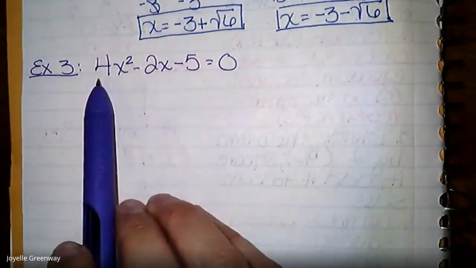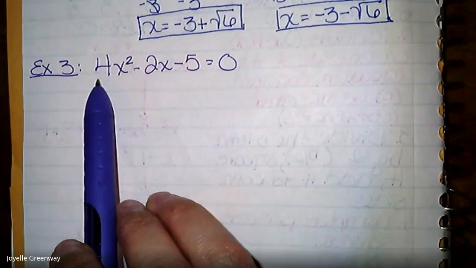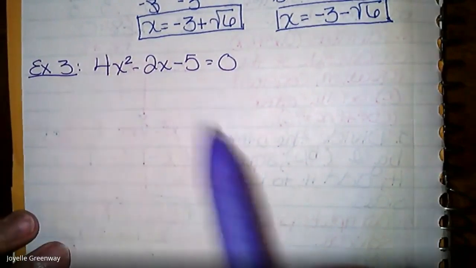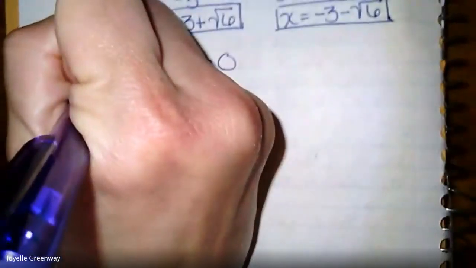So back in our first example, our leading coefficient was not a 1. However, every other term was a multiple of that leading coefficient. For example 3, unfortunately, B and C are not multiples of 4. So we are going to be working with fractions. So I need to divide every term by 4.